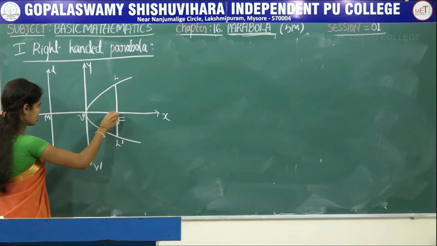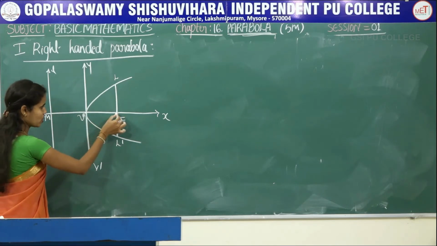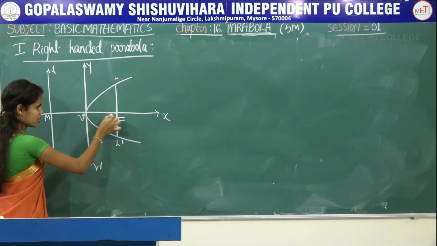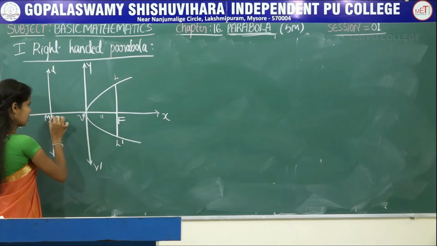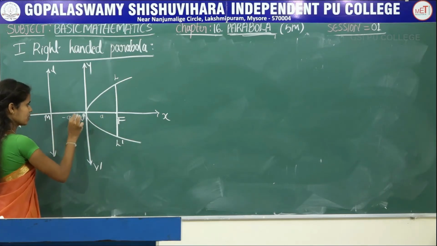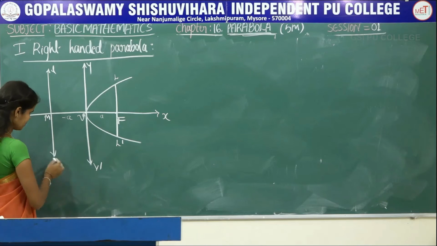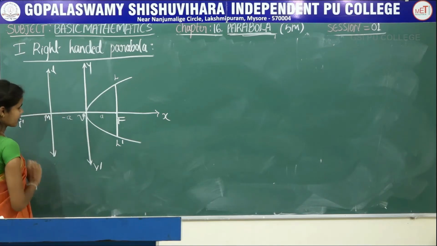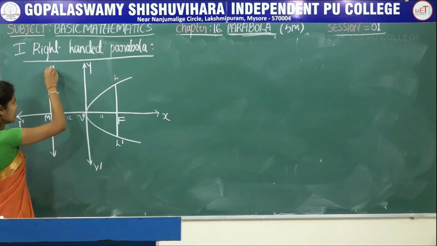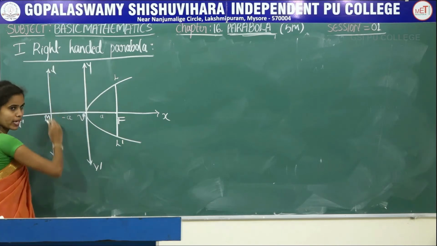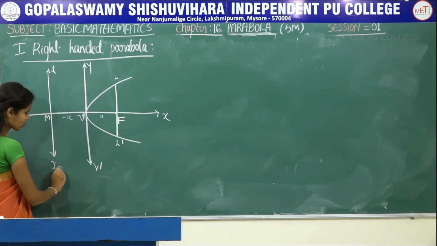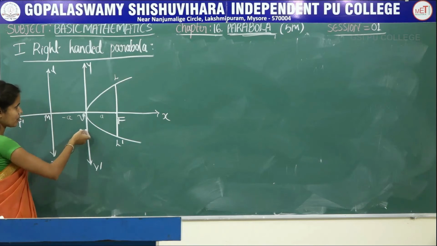Here we know that the distance FM is equal to 2A, therefore VF is equal to A and VM is equal to minus A. Here observe the directrix is parallel to the y-axis, therefore its equation is x is equal to a constant distance from the y-axis.